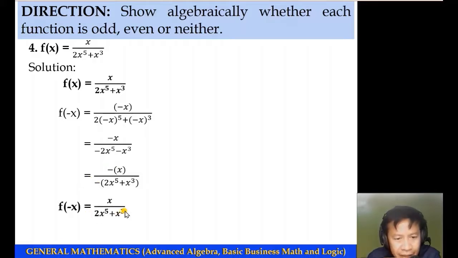And this is equal to f of negative x equals x over 2x raised to 5 plus x raised to 3. You are going to observe that we have obtained f of negative x equal to f of x.